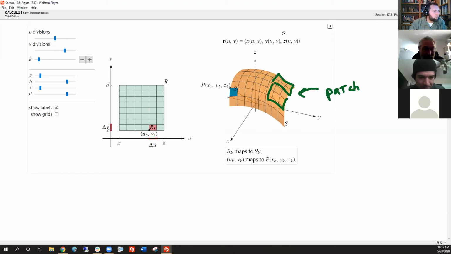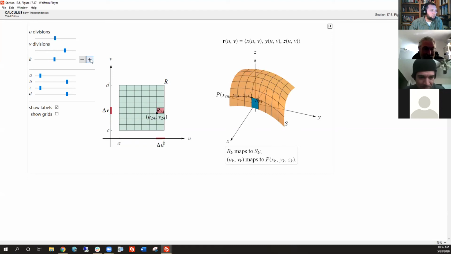This book does something a little bit interesting. Usually in the past when I've seen this in other texts, we've ended up with a double sum, so you end up with i's and j's, and there's lots of letters running around. In this particular case, they simplified it, and they simply said, let's just assume that our numbering system finishes one row out and then picks up on the next row.